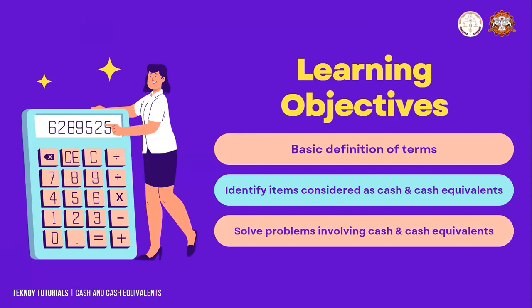Next, you'll be able to identify the items that are included as cash, items included as a cash equivalent, and items that may not be part of either. Lastly, after watching this video, hopefully you may be able to solve comprehensive problems that concern cash and cash equivalents.